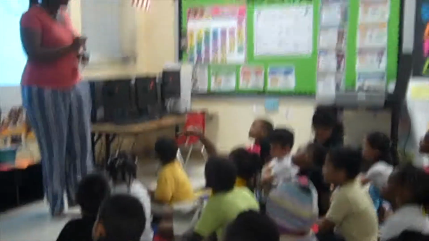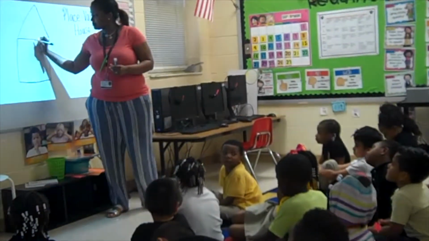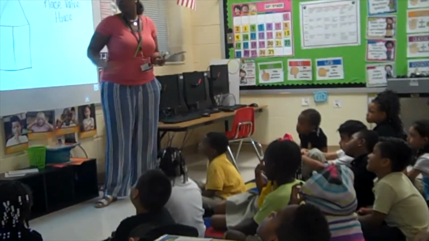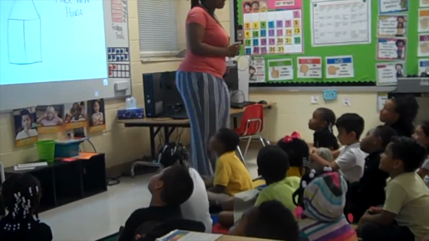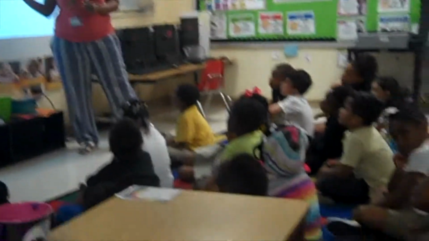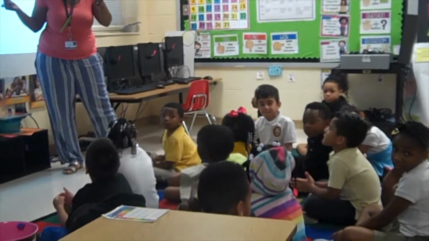So in our place value house, we are going to have 2 rooms. Our 2 rooms are going to be labeled, what do you think? Place value. What kind of place value? What have we been talking about?